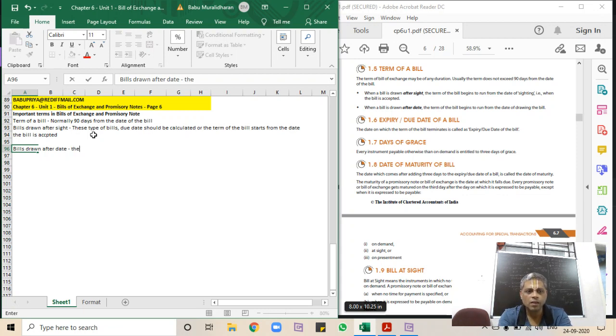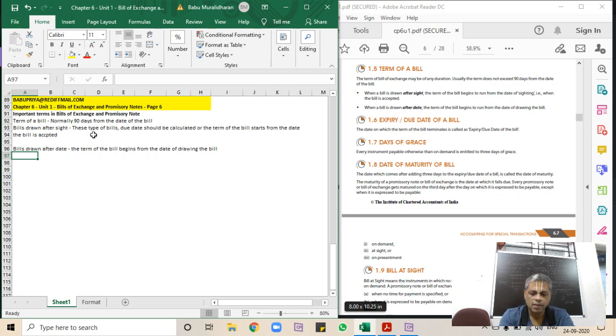The term of the bill begins from the date of drawing the bill. So suppose I'm creating a bill of exchange today, the term starts today, right? And not on the date on which it is accepted by the drawee.